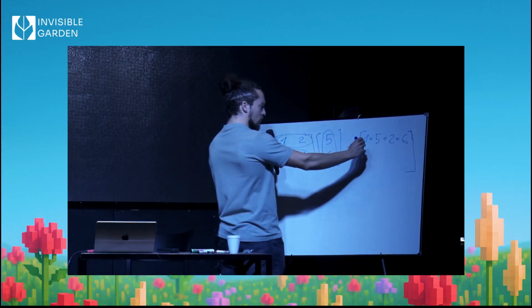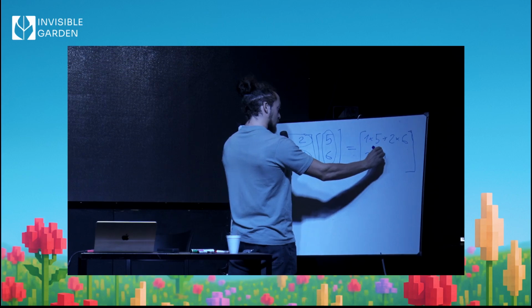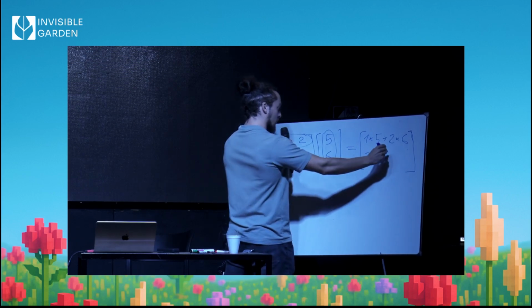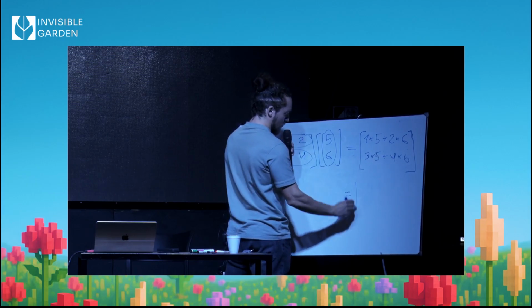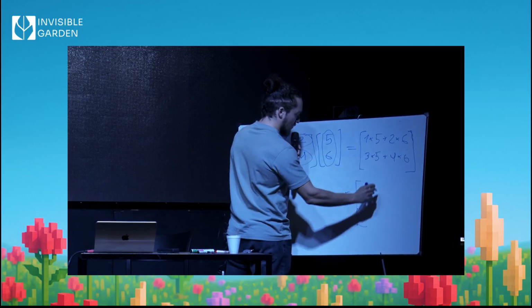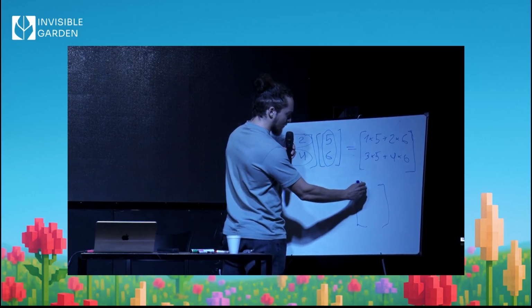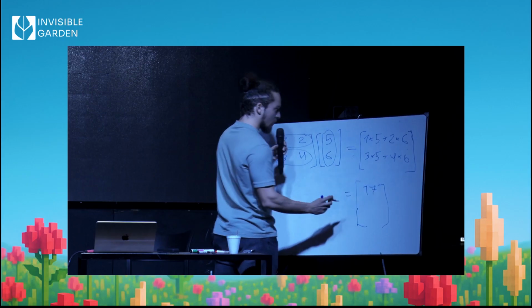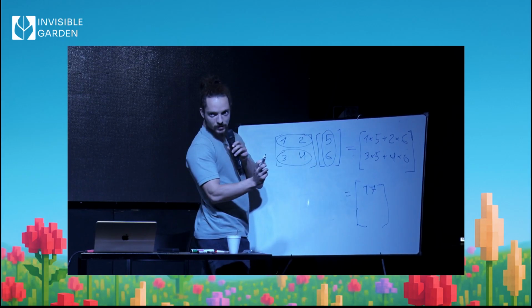So in this case, it's 3 times 5 plus 4 times 6. And then you can do the math and get the final result. Let's just do it for completeness. This will be 17, and that will be 39.